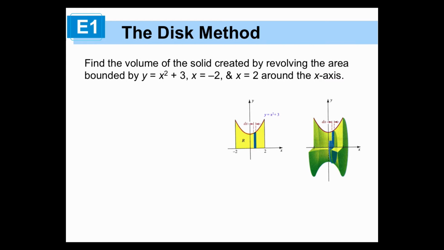In that yellow region is my blue representative rectangle. And notice that this is the first time that I reduced delta x to dx because we want that to be really skinny. When I spin that, I'll end up with that funky thing on the right. And yeah, it kind of could look like a yo-yo.